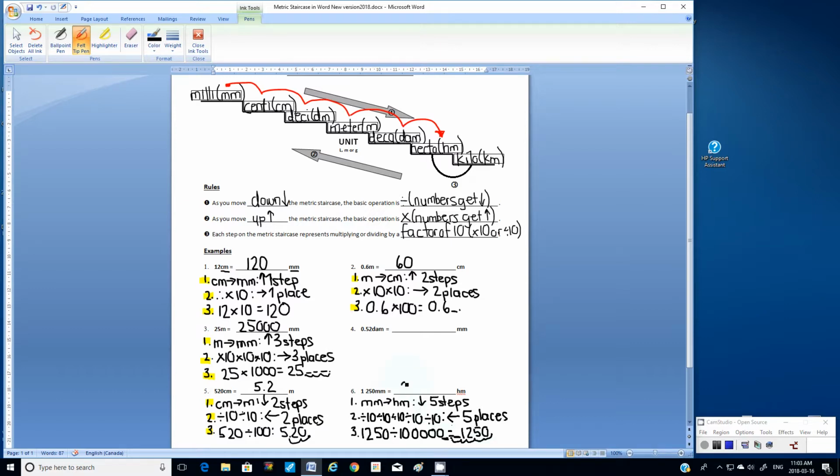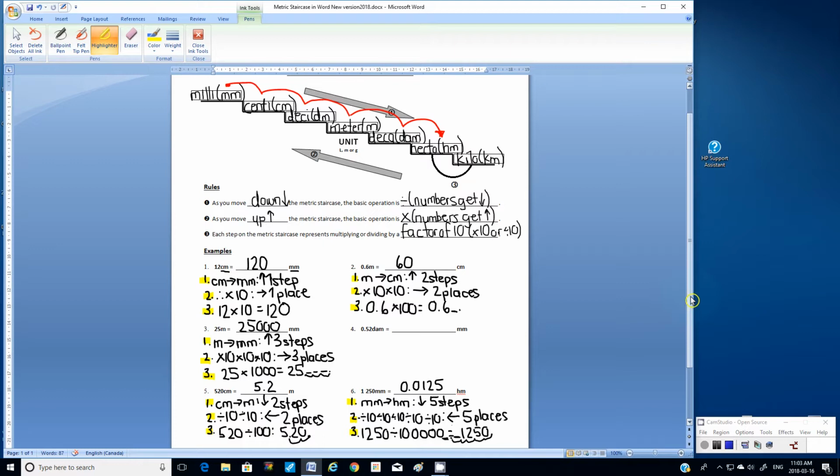All right, so hopefully you put 0.0125. This 0 at the end gets eliminated because we can't have a 0 as the last digit in a decimal answer. So 1,250 millimeters equals 0.0125 hectometers. And again, I showed my 3 steps. I showed all of my work.